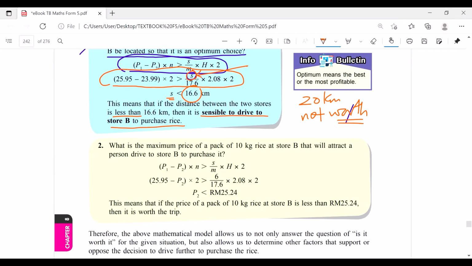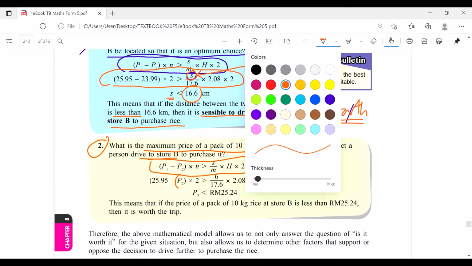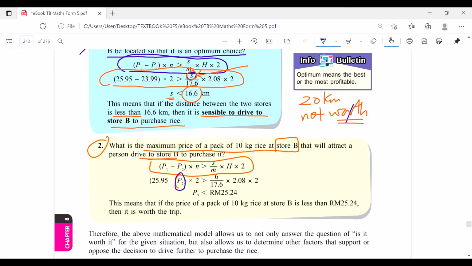But you also have to check, number 2, what is the maximum price of a 10 kg pack at store B that will attract a person? You use this model. This time you let P2, the price for store B, be a variable.